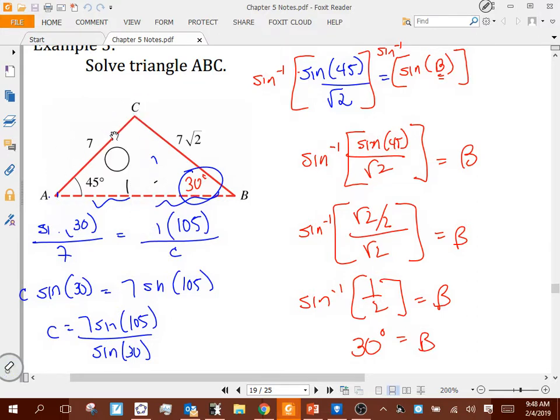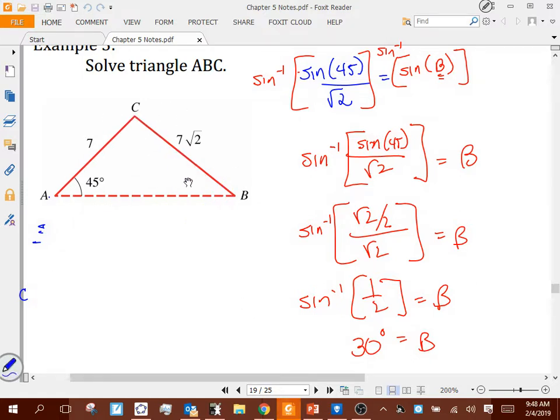Okay, so that is one solution. We have a triangle that has a 30-degree angle, a 105-degree angle, a 45-degree angle, 7 radical 2, and what did this end up being? 13.52. Okay, that is one triangle solution.